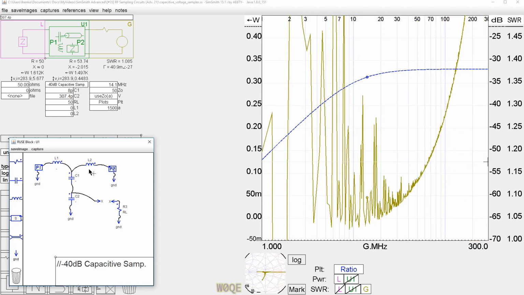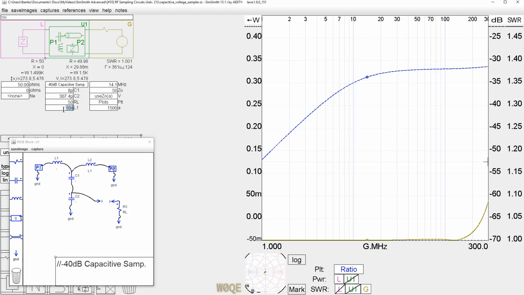We'll let them both be the same value. Better let them both be L1. And we can see as we start to take L1 and move it around, we can do a pretty good job of compensating for the SWR.